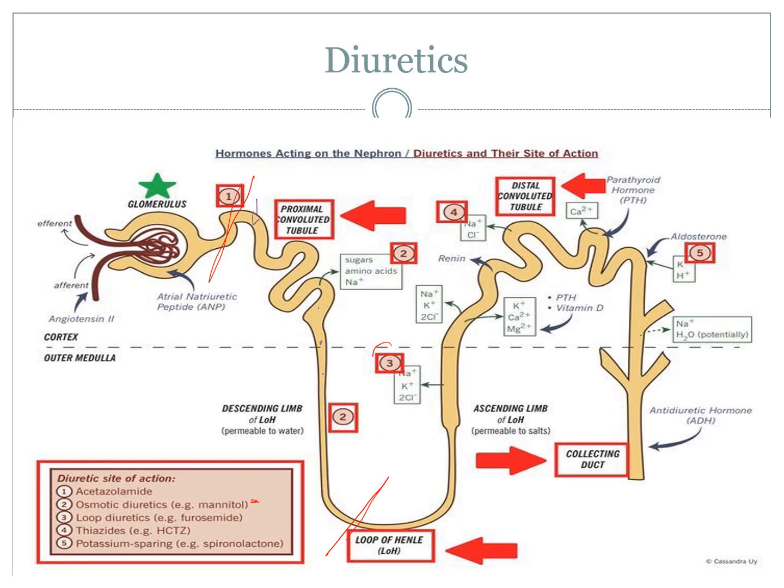As we move around to number 3, we get into our classic loop diuretics. Furosemide is one that most people have heard of. Loop diuretics inhibit sodium-potassium-chloride cotransporters, so it stops them actually transporting through the loop of Henle, and with that it holds on to fluids as well.